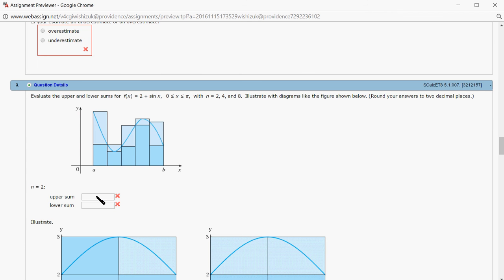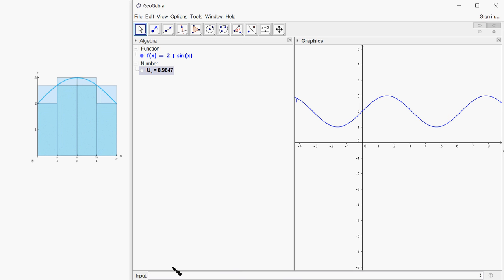Let's type it in: 8.96. Then if you want to compute the lower sum, I'm going to call it LS4, because L4 is a left sum, so this is the lower sum here. Sorry, it's a bad naming.